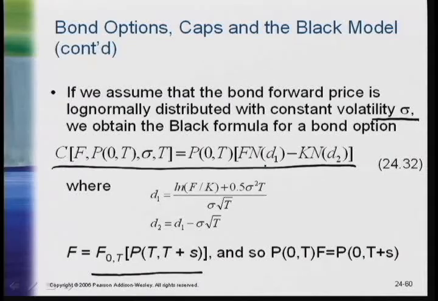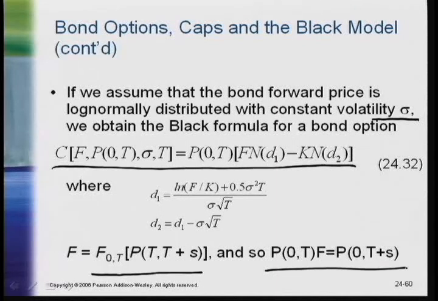And the reason for that is if I multiply P(0,T), the price today of a T-period zero, times F, I'm actually getting the price today of a T plus S period zero. So P times F in that expression is a price I can observe today, requires no model. And of course, P(0,T) is a price I observe today.